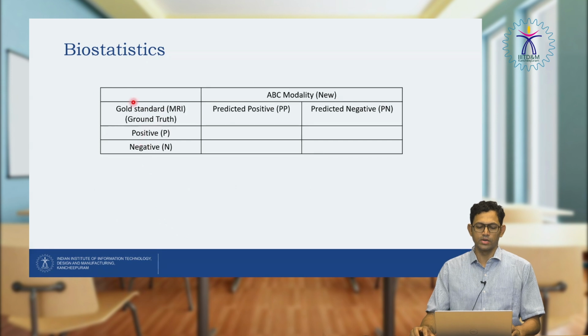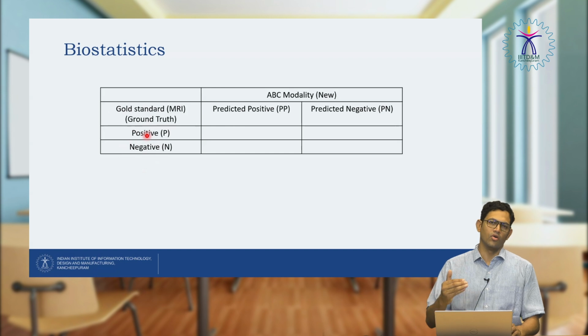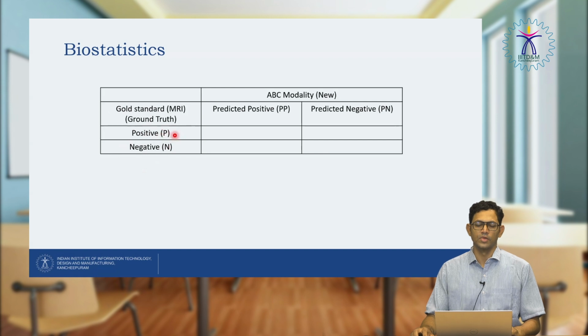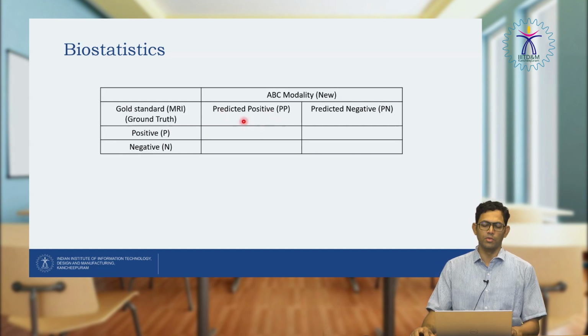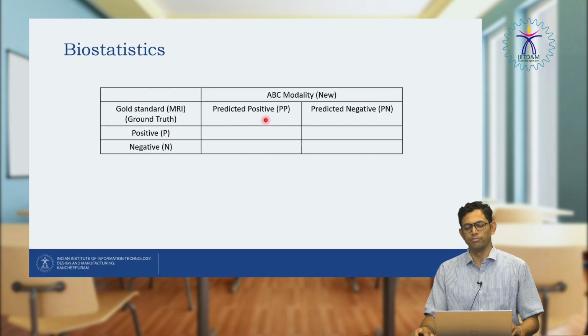So now let us populate the other part of the table. If a person going for an MRI is found to be positive, let us term them as capital P. If the person is found to be negative through the gold standard, we will term it as negative, N. Then in the ABC modality, which is the new modality that we are proposing, if the person is found to be positive, we will not call it positive, but we will say it is predicted to be positive, PP.